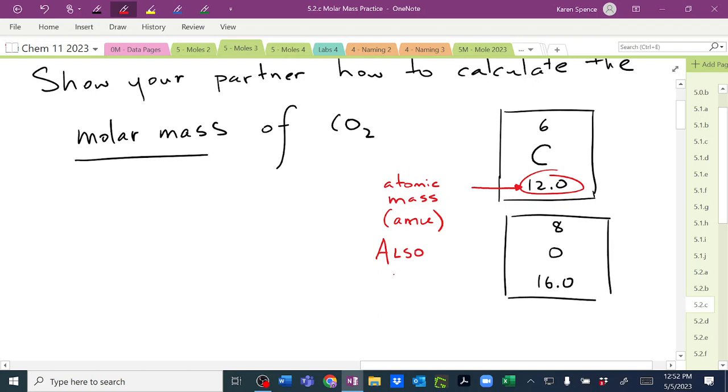The molar mass. And the unit of molar mass, it's not just grams, it is grams per mole, okay?